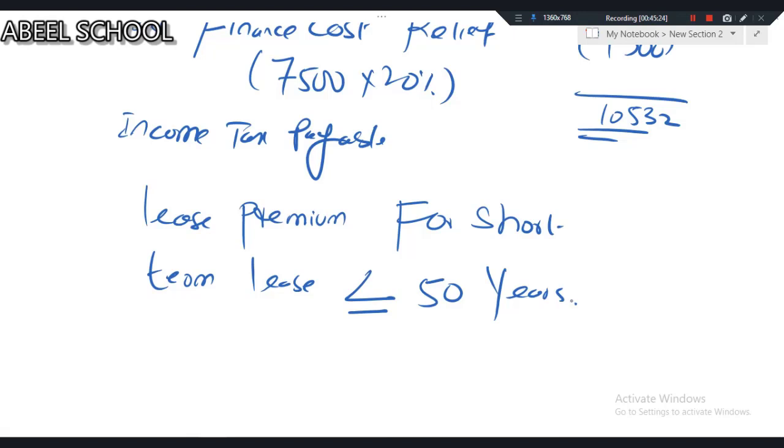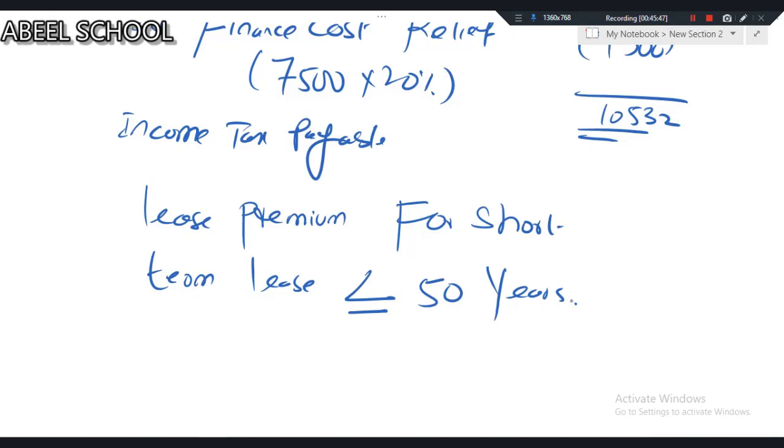Now the question is, what do you mean by lease premium? Now listen carefully. It is very much possible that your property is in a very good location. If your property is in a very good location, then along with the rent, the landlord might ask for a premium also. The tenant pays the premium only once.